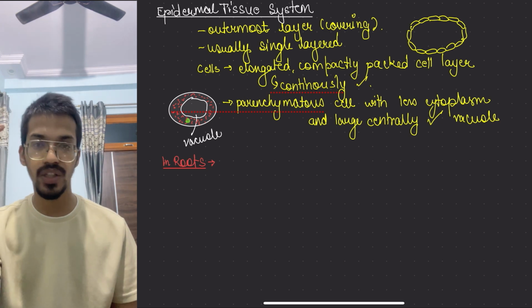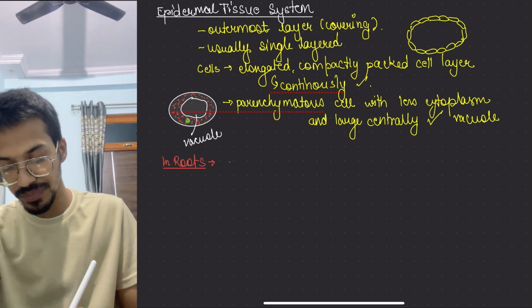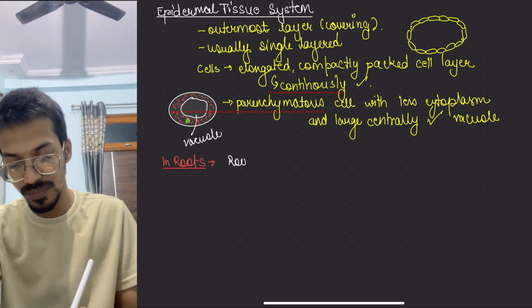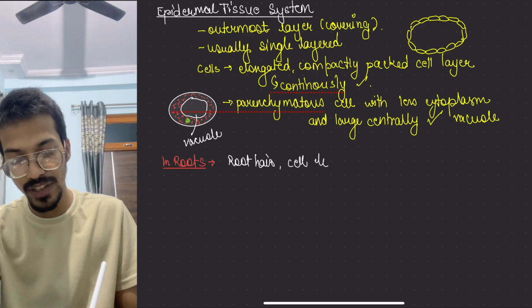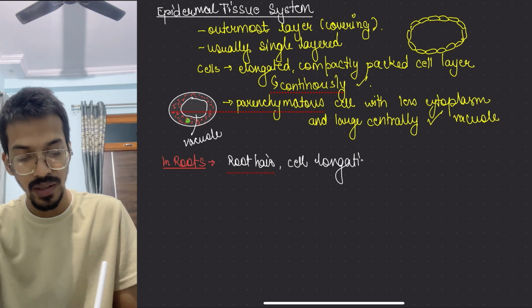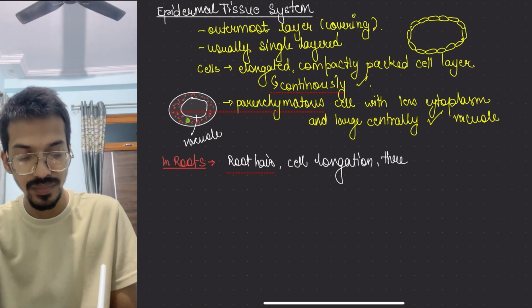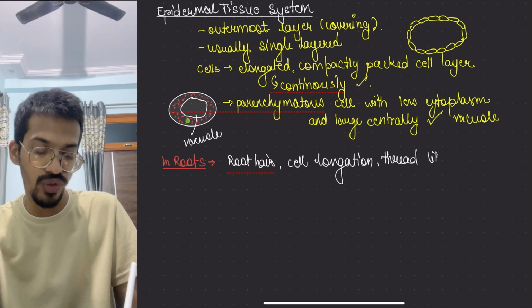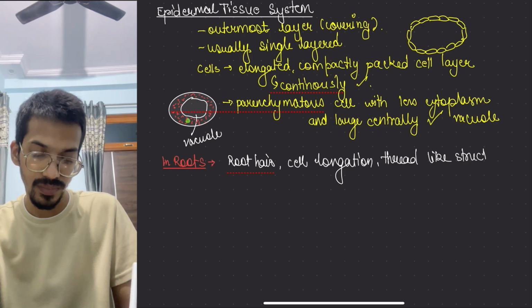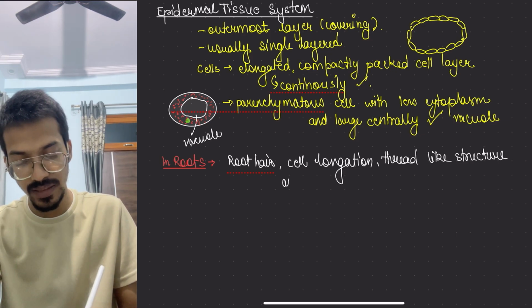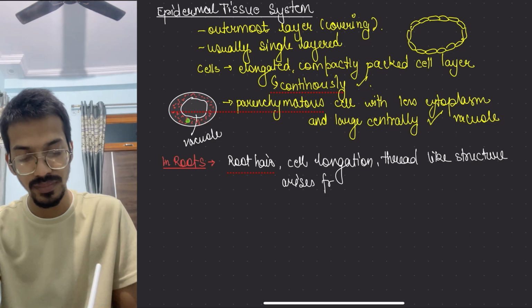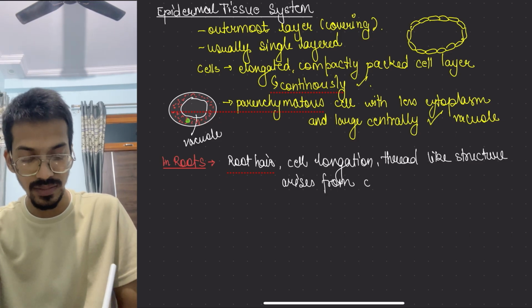So what happened in the roots? In the roots, root hairs, these are cell elongation, thread-like structures arising from the cell.